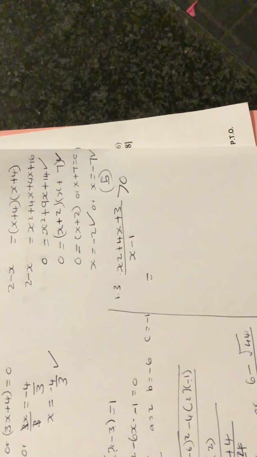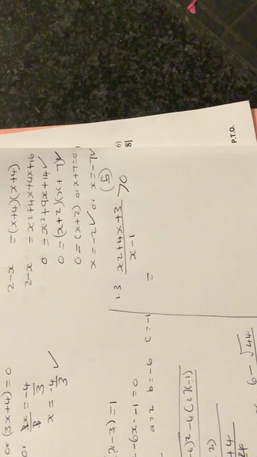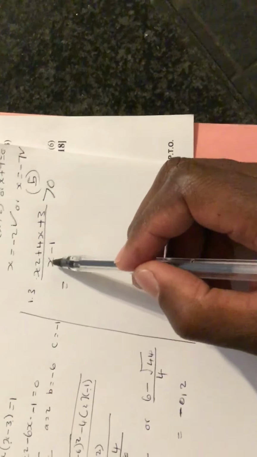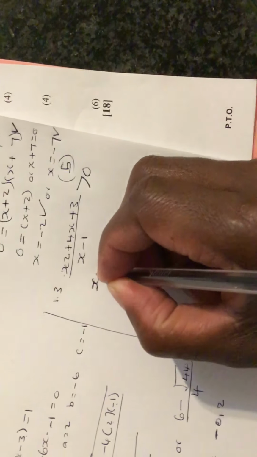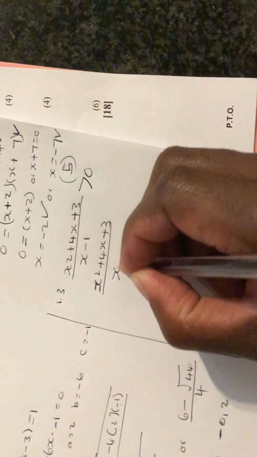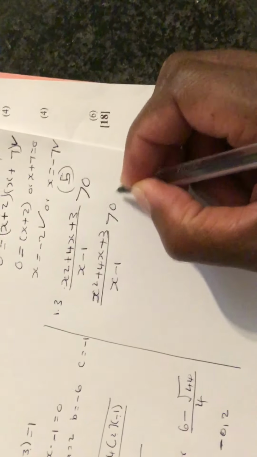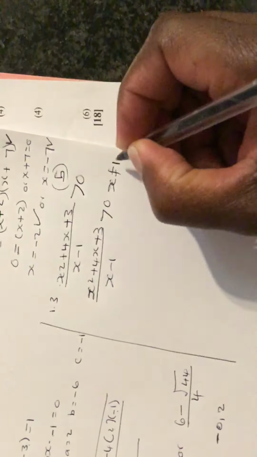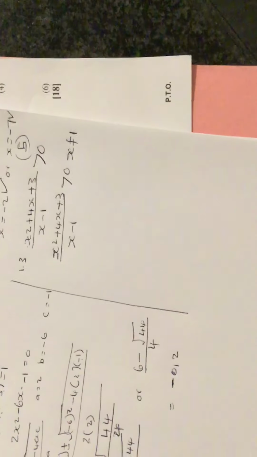Just rearrange the whole thing so that they tell you. So they say here, this is our inequality. We know that x here cannot be equal to 1, because if x is equal to 1, then this is undefined. So the first thing that you write is that x squared plus 4x plus 3 over x minus 1 is greater than 0. Then you say x is not equal to 1. Right. So that's your first step.